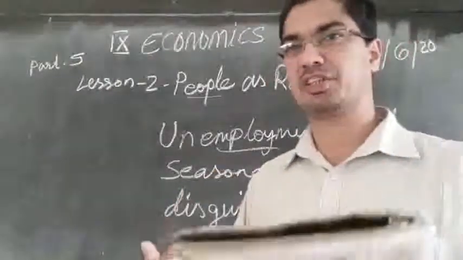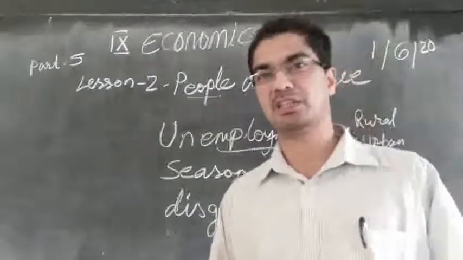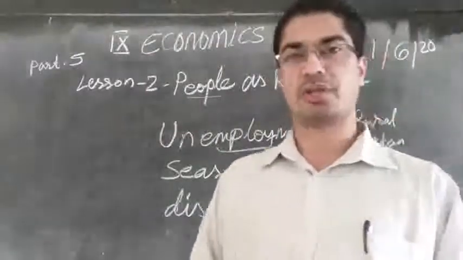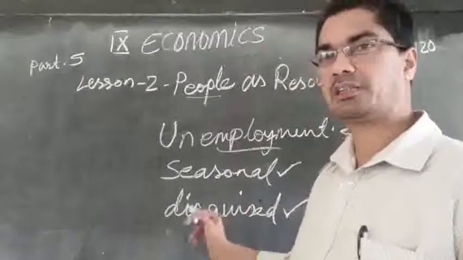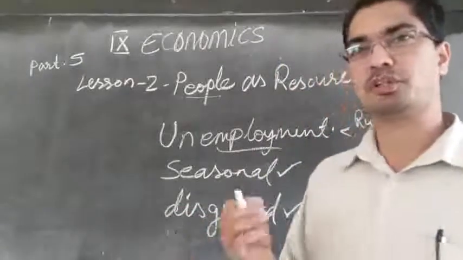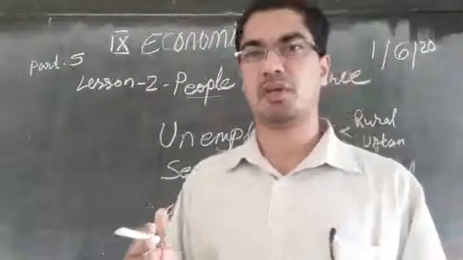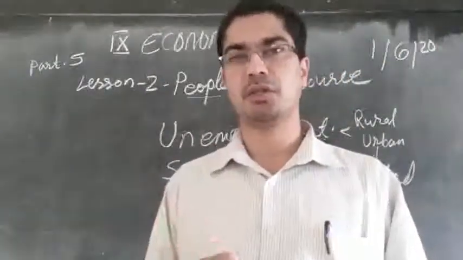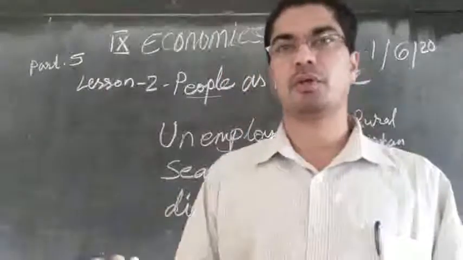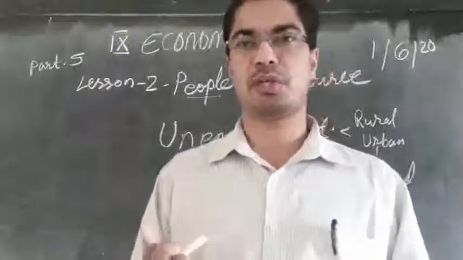Disguise means changing the shape, changing the appearance. So for example, families who are engaged in agriculture work, people who have got small plot of land, a family who has got a small plot of land for cultivation, and in a family may be 5 members or 6 members may be there.